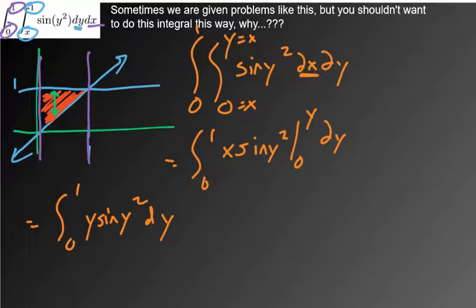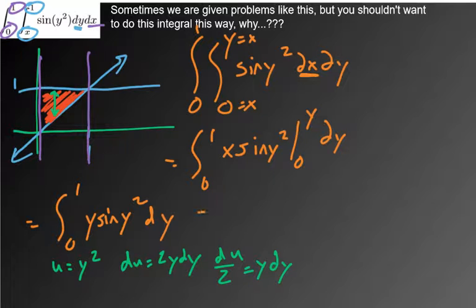And this is a nice u-sub problem, because if you do u equals y squared, then du is 2y dy. And so we have a y dy, so du over 2 is y dy. And since we have a y dy in our integral, u-sub makes sense.